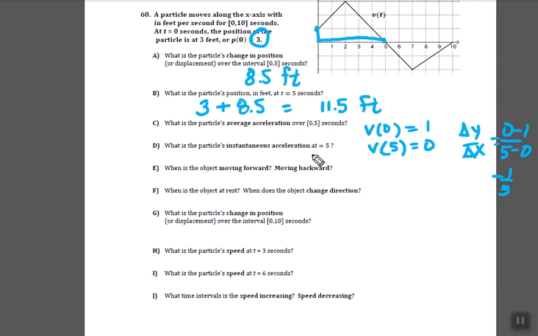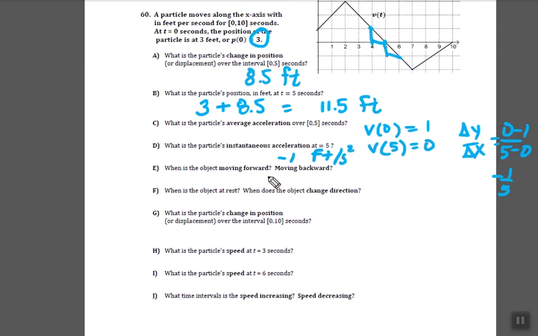Instantaneous acceleration is just the slope itself right at 5. So since it's linear, right here at 5, you just get any 2 points that you want and then go get the slope. So it would just be down 1 over 1, doesn't matter where you're at. The slope is always going to be -1 anywhere on the line, and then feet per second squared.